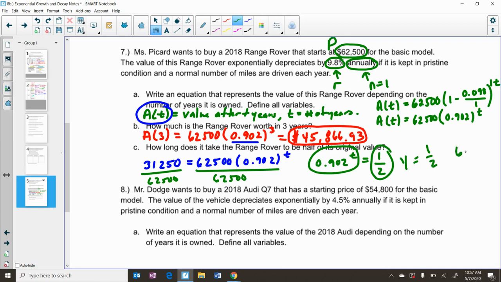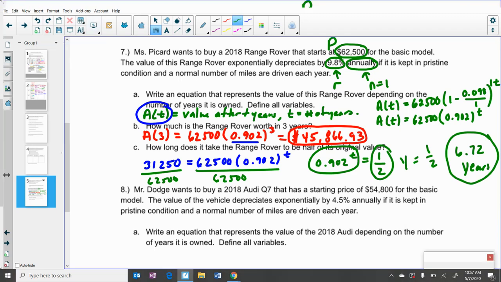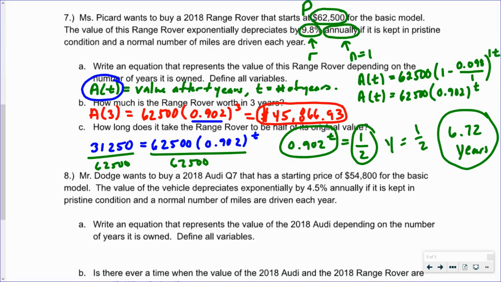So in 6.72 years. In situations like this, where you have to find a time, typically we would have to use logarithms. What you're going to have to do is rely on the graph.